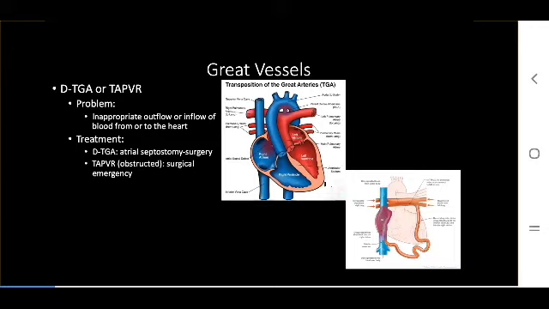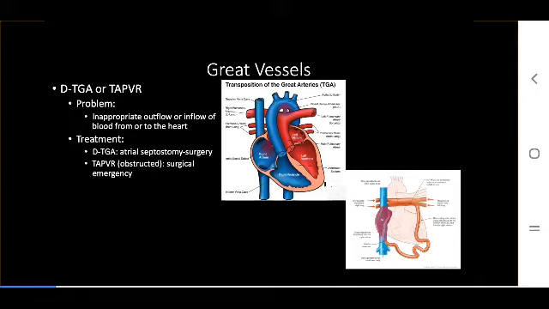We can have kids with TAPVR that might show up, I've seen some present as late as 2 or 3 years of age, because they were not desaturated. The obstructed TAPVR kids usually present at birth and they're quite sick.